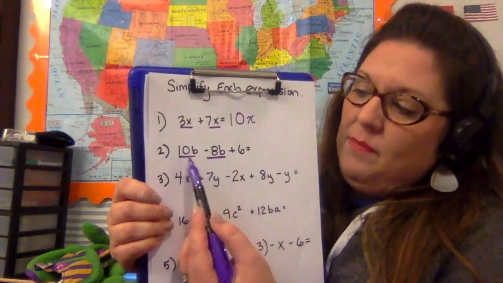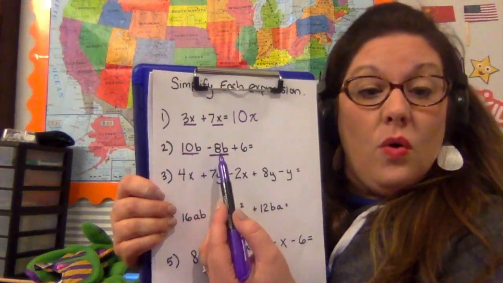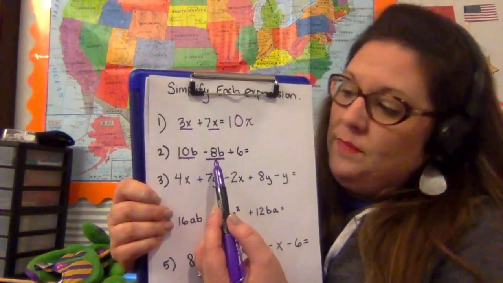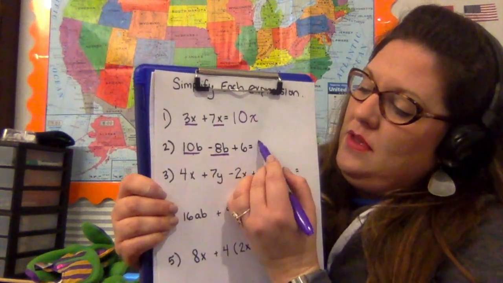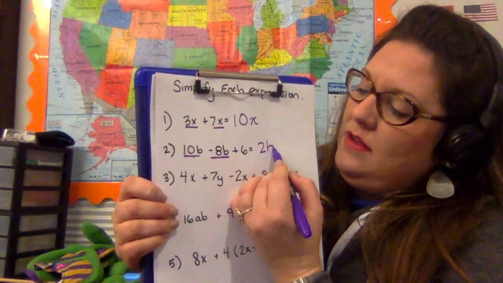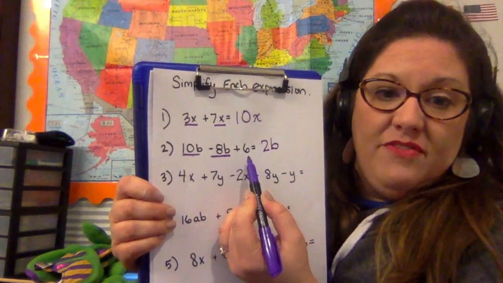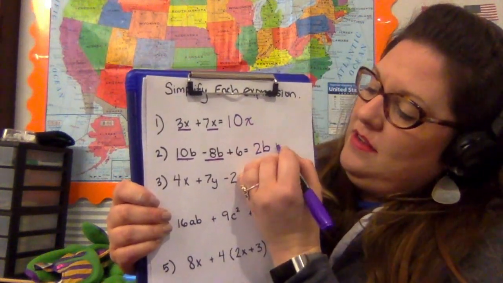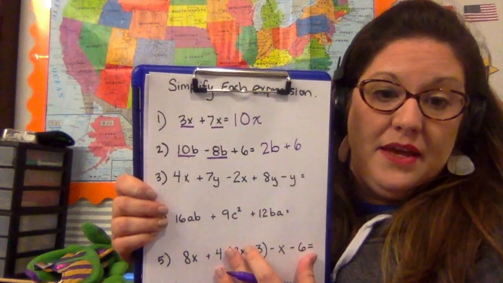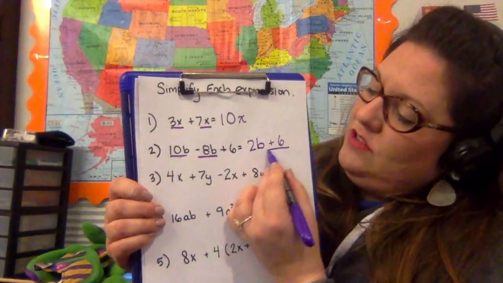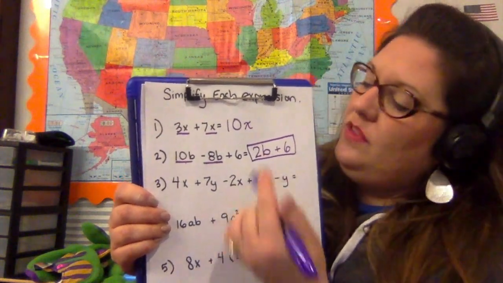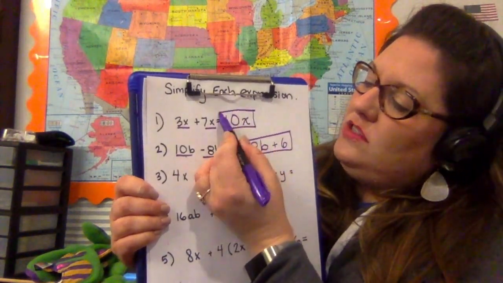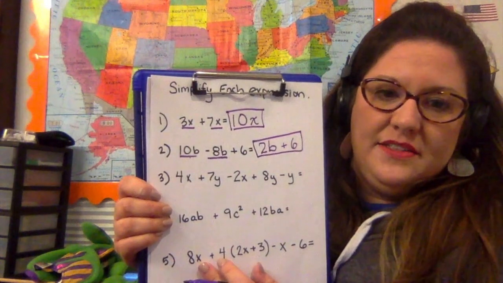We are only going to combine the like terms, or the terms with the same last name. 10b minus 8b is 2b, but then we still have this plus 6 that we are going to keep in our answer. So our final answer here is 2b plus 6. The first one, which should have been boxed already, was 10x.